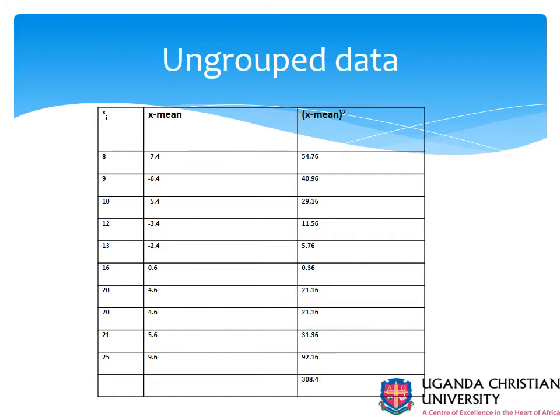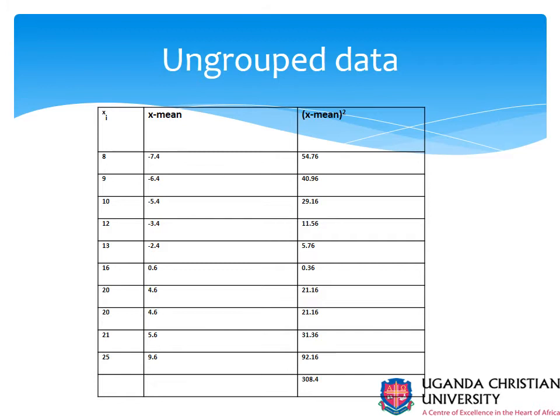However, if you want to compute the standard deviation and variance of ungrouped observations, then we go ahead to compute the third column. The third column is composed of x minus the mean, where x is the observations and the mean is 15.4, and then we square that.